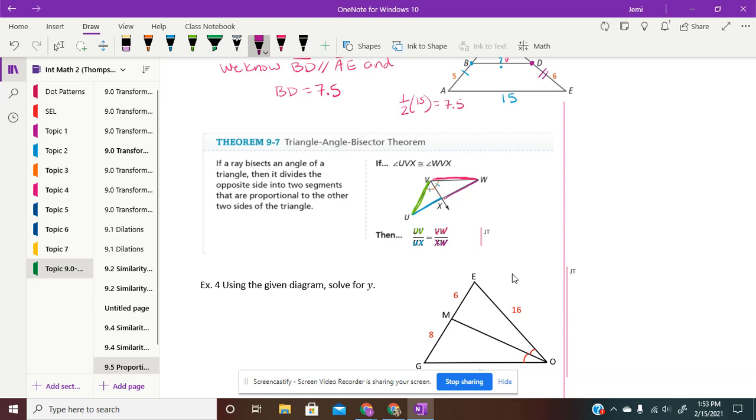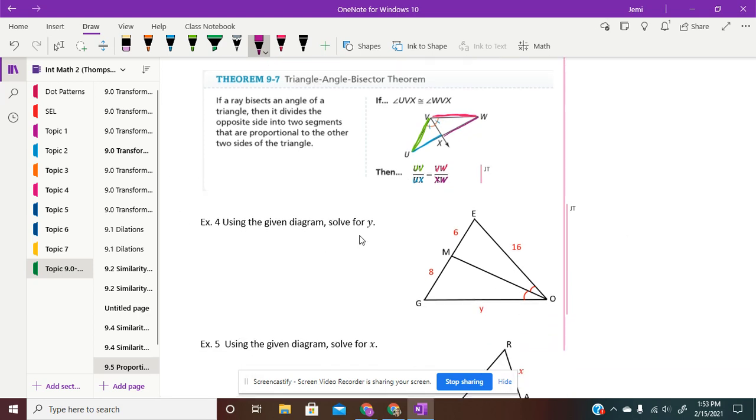Just follow the colors. Using the given diagram, solve for y.